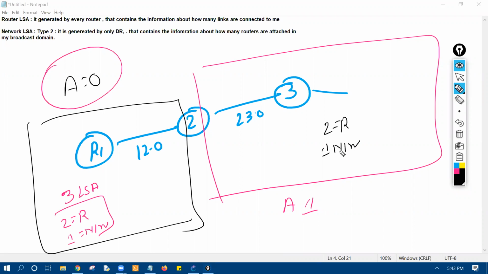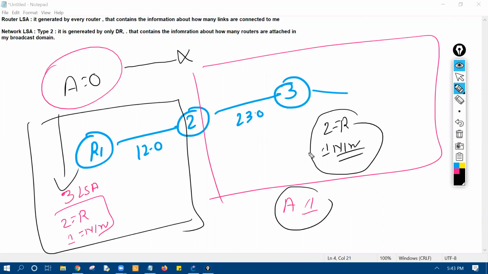Now the next point: whatever information I have in this LSA in area 0, I cannot share with area number 1. Whatever information we have in area number 1, I cannot share with area number 0.